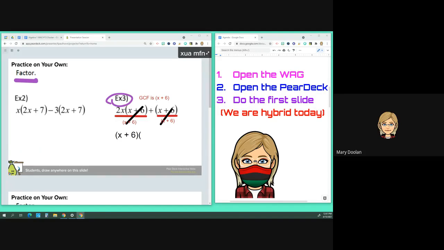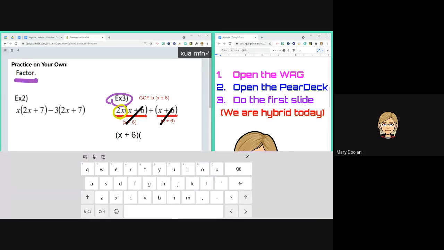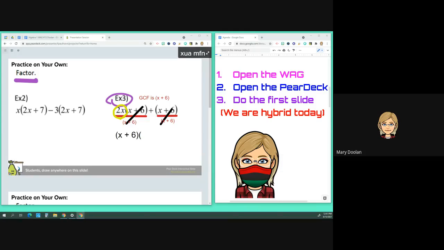In the first term, after I crossed out x plus 6 and x plus 6, what's left is just this 2x. So when I'm typing into the second binomial, I'm going to type 2x.